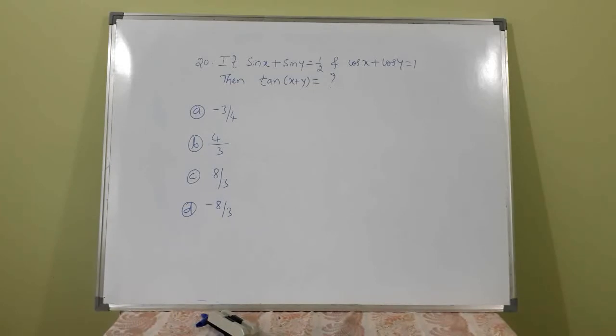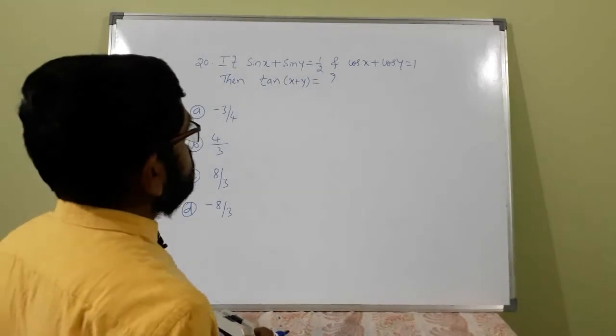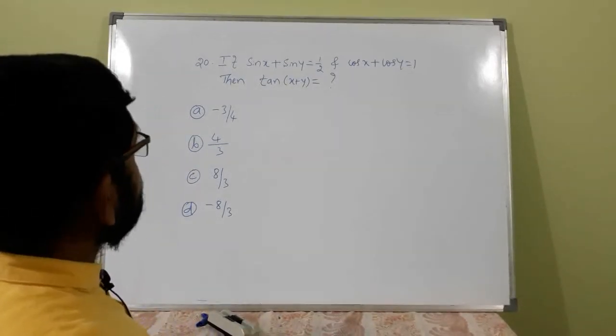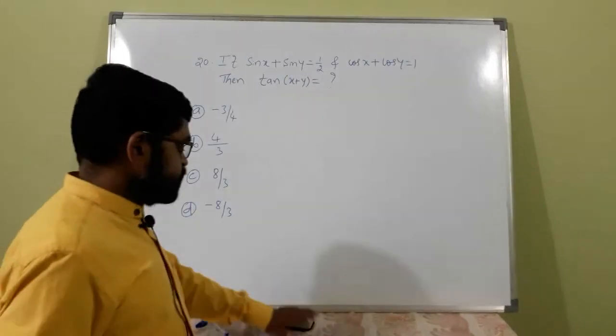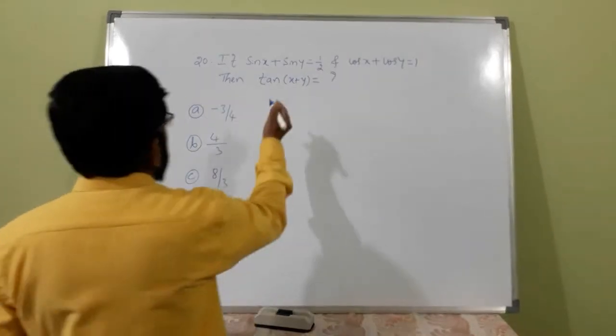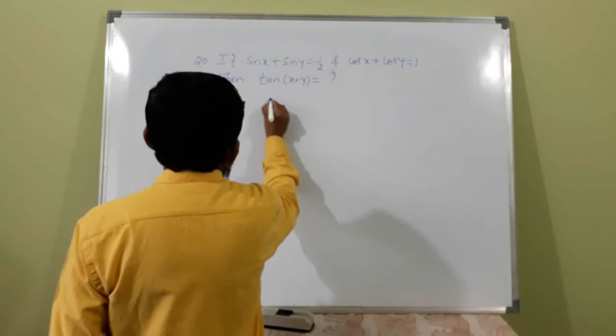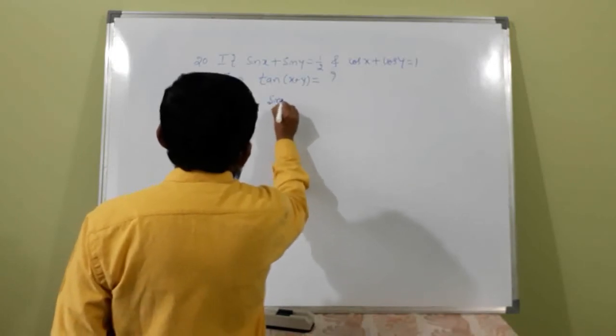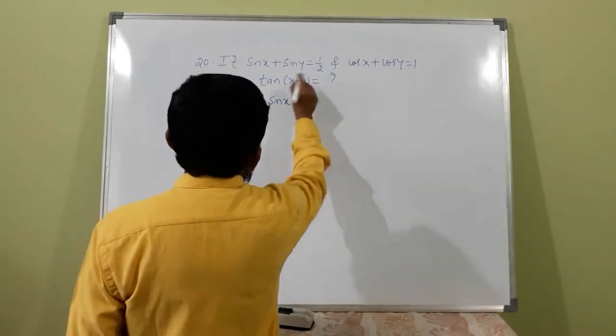See this example. If sin x plus sin y is equal to half, cos x plus cos y is equal to 1, then what is tan(x plus y)?